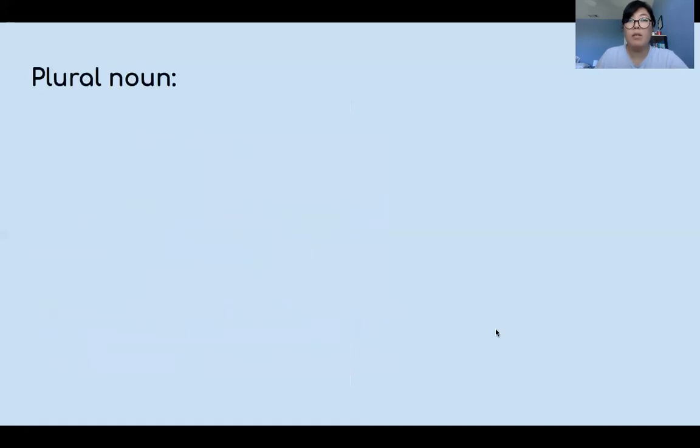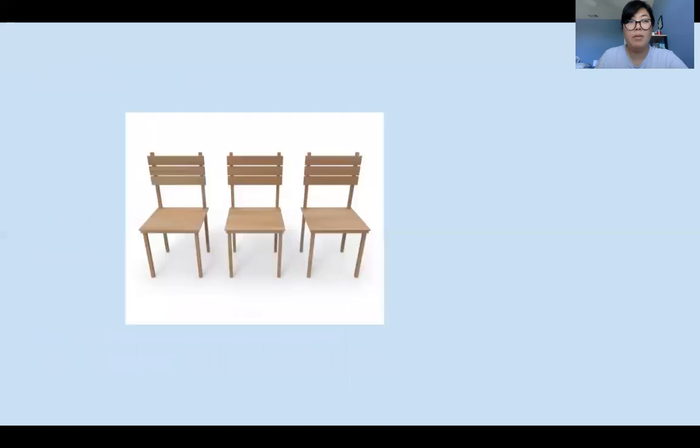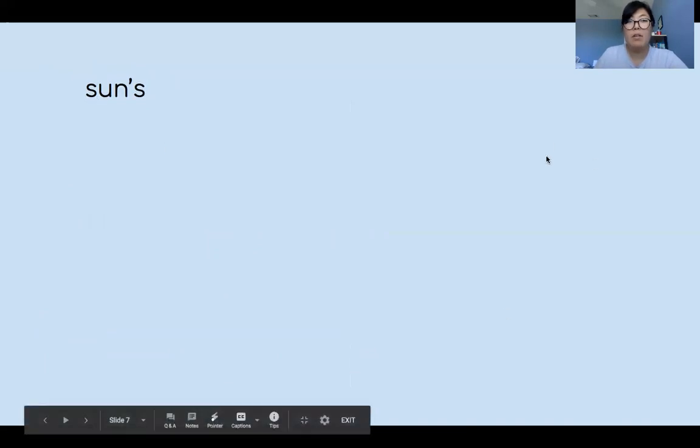Now that we did the example, this is our first spelling word, son's. This is a singular noun. We have the word son, only one son. And then to show possessive, you have the apostrophe and s. You add the apostrophe s when it's a singular noun.